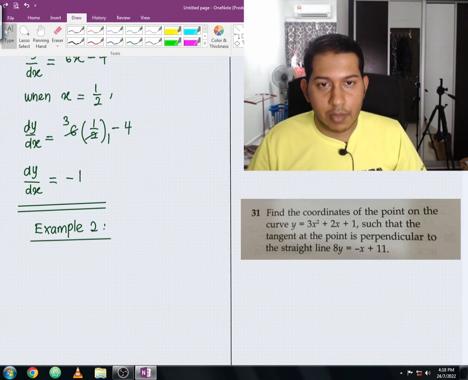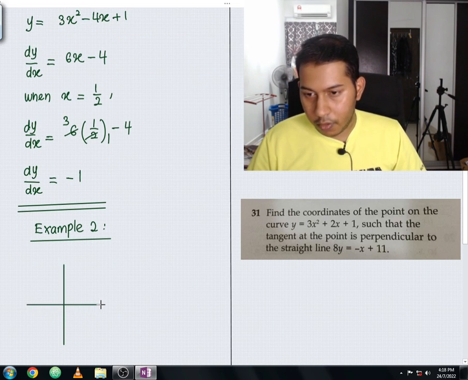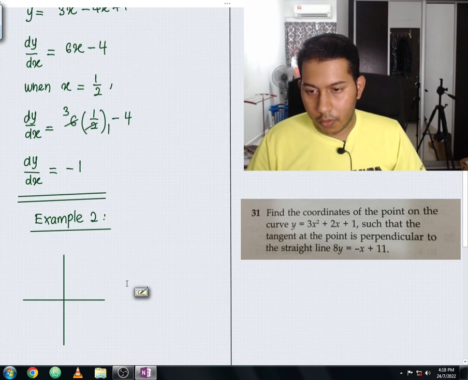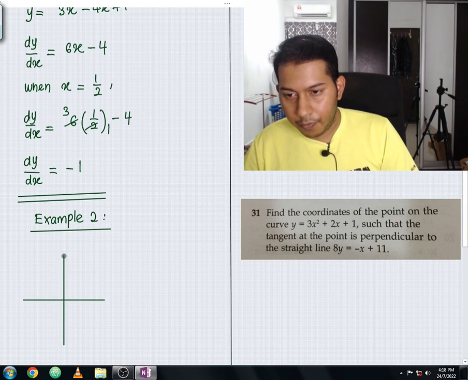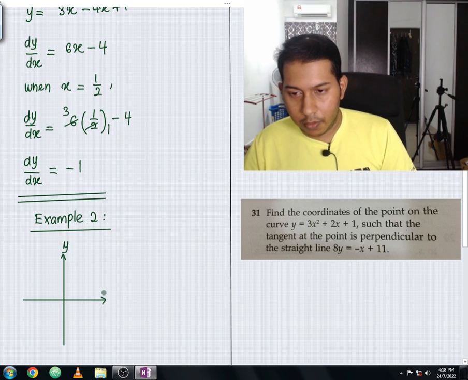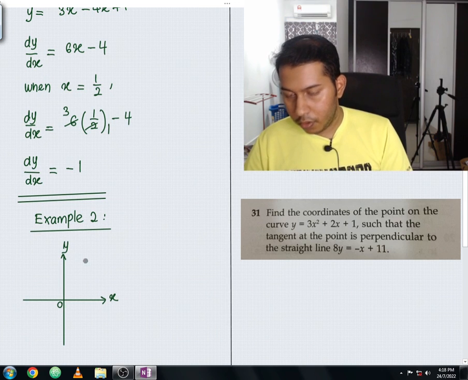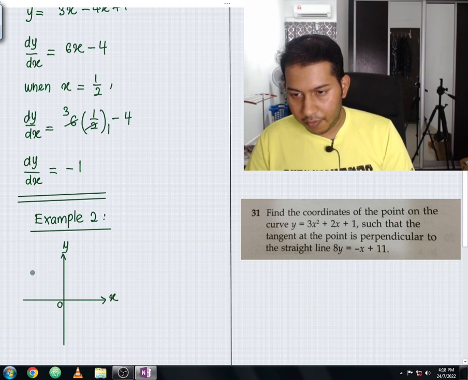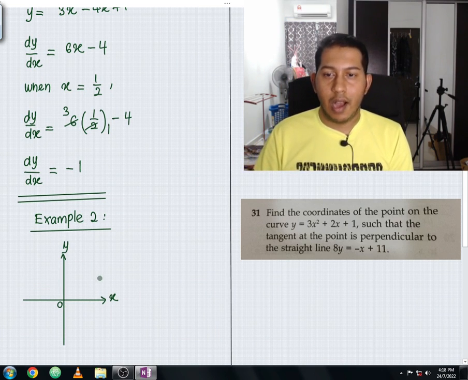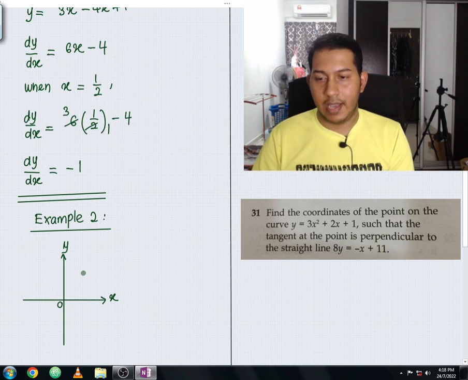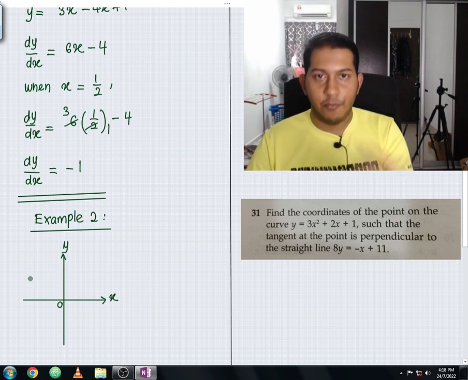So just let me draw a quick diagram. y, x, origin. Let me just draw a curve. This is not 100% accurate, guys, this is just a sketch. Just want to inform you of this earlier.